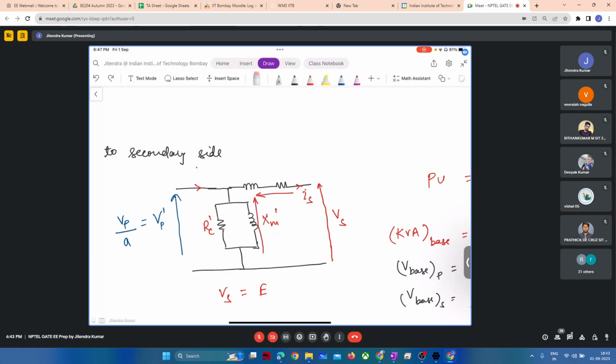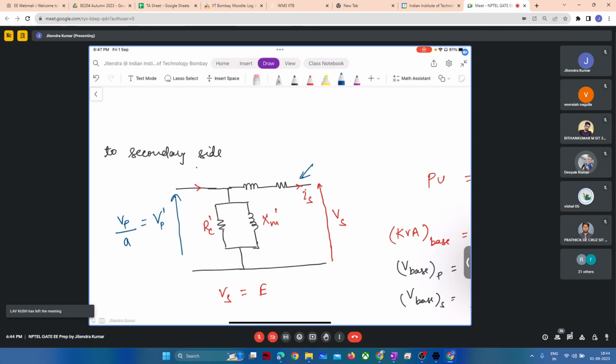So in this network, we have to identify this VP dash, and the load is given. The load current is not given, but it is said that this transformer is supplying rated load at 277 volts. So 277 volts means automatically we can refer that it is on the secondary side.